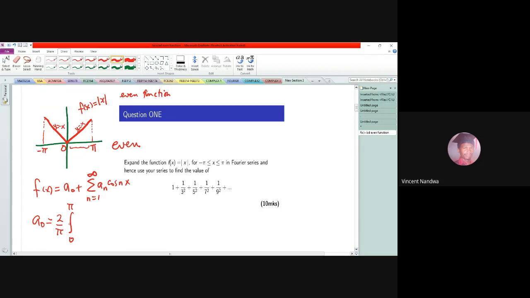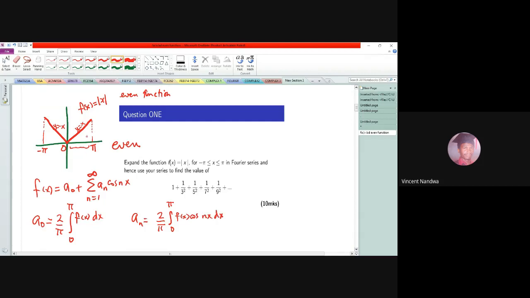So 0 to pi of the function f of x dx, while a n is 2 over pi, integral from 0 to pi of f of x cosine nx dx.